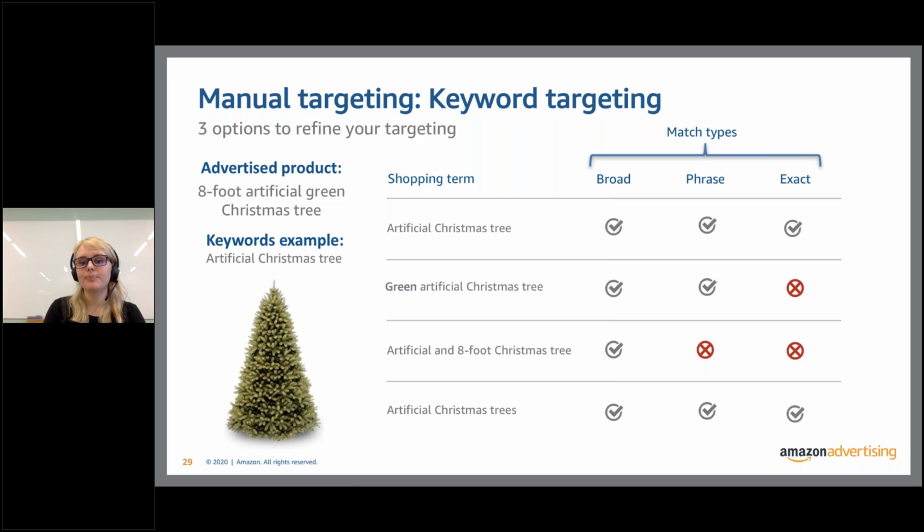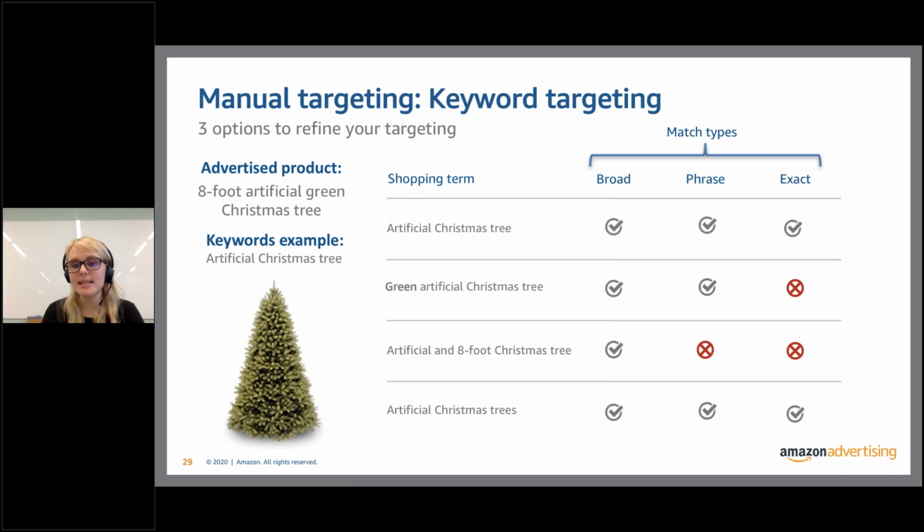So for example, if you're advertising an 8-foot artificial green Christmas tree and one of your keywords is artificial Christmas tree, if you're using broad match, it'll match when shopping terms are artificial Christmas tree, but also green artificial Christmas tree, artificial and 8-foot Christmas tree, or artificial Christmas trees.